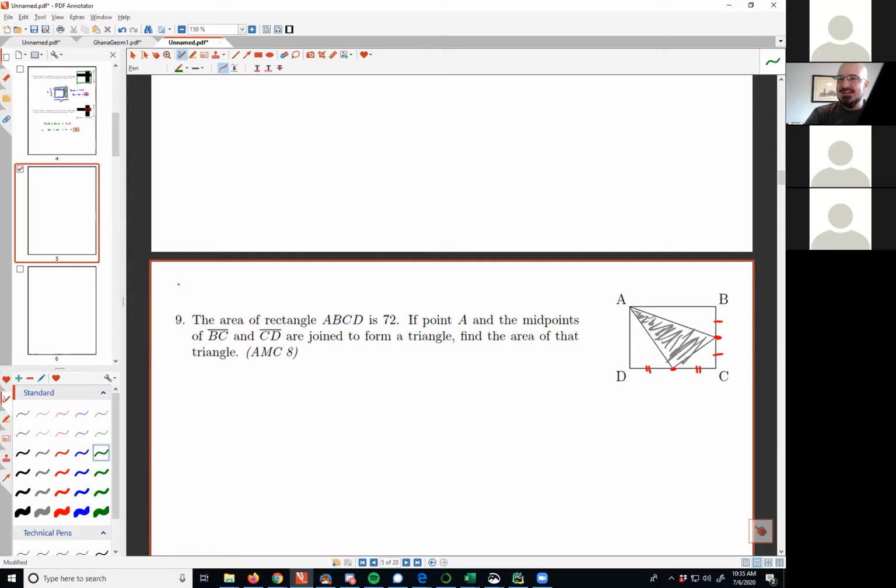I think one of the first things that we could do is we could try to figure out the side lengths so that it helps us solve it. So that's a possibility, but here's the thing. There's no definite side lengths here. Maybe this is a 6 by 12 rectangle. Maybe it's a 7.2 by 10 or an 8 by 9.